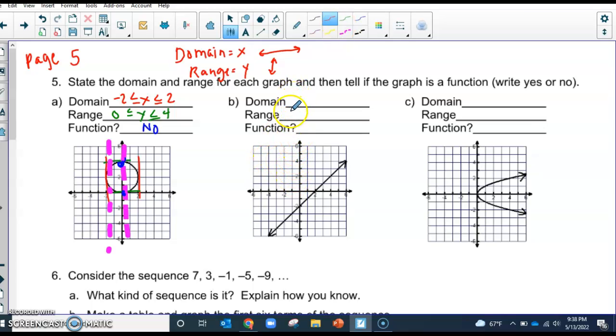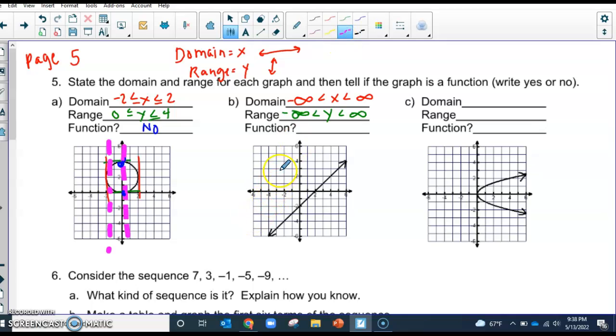For B, my domain is my x's. Is there a stopping point from left to right of my data? No, there is not. So this is going to be -infinity is less than x, which is less than +infinity. My range, looking from bottom to top, is there a stopping point? Nope. So again, this is going to be -infinity is less than or equal to y, which is less than or equal to +infinity.